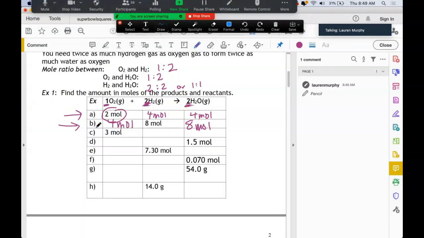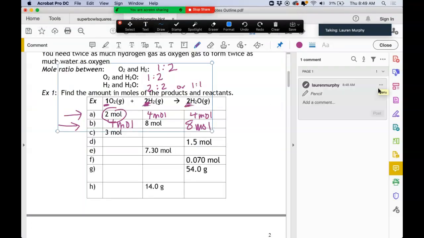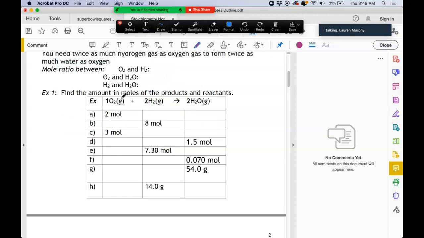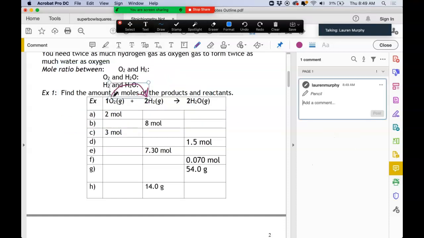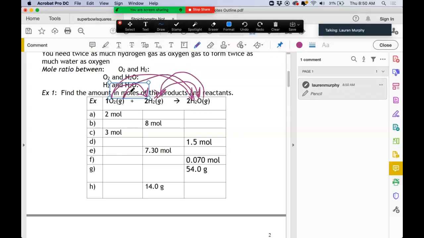So what can I do? I can jump from oxygen to hydrogen. I could jump from oxygen to water, hydrogen to water, water to hydrogen, water to oxygen, right? It allows you to jump around. These mole to mole ratios allow you to move around in the chemical reaction to talk about other substances.